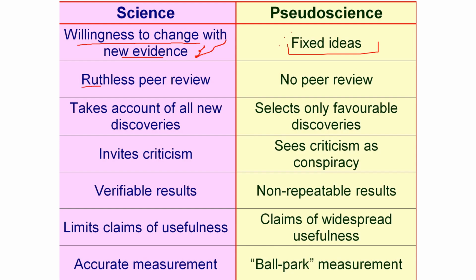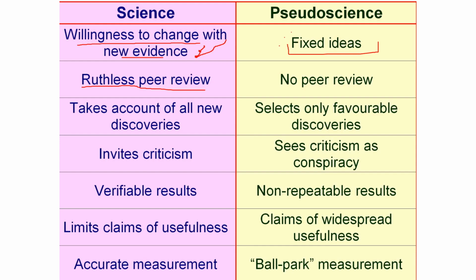Science has ruthless peer review. Peer review means that scientists in the same area review research data that was, for example, submitted to a scientific magazine. This is typical for science.